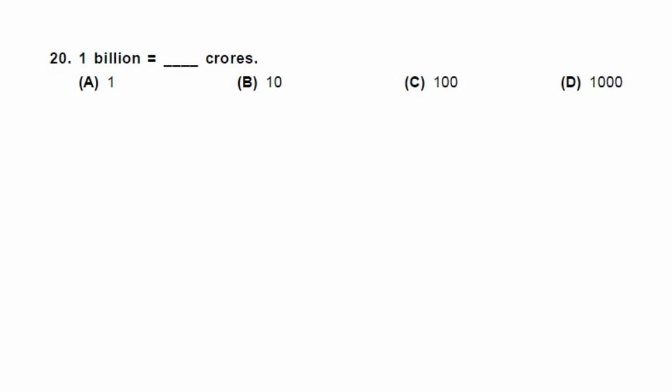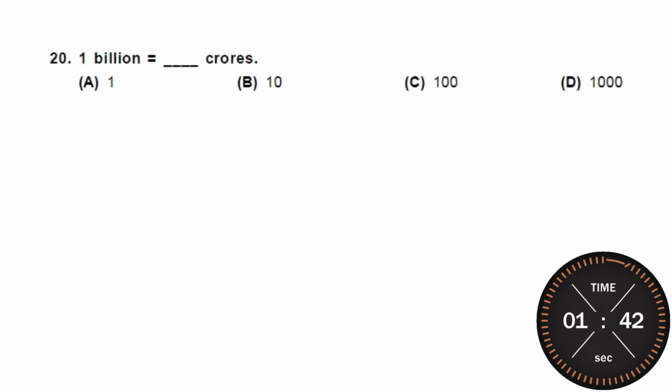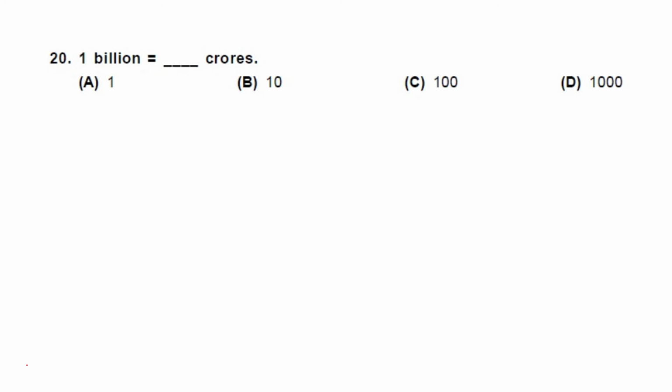Let's go to the final question in this section, which asks us how much is 1 billion in crores. Your time starts now. Well, first let's write what is 1 billion.